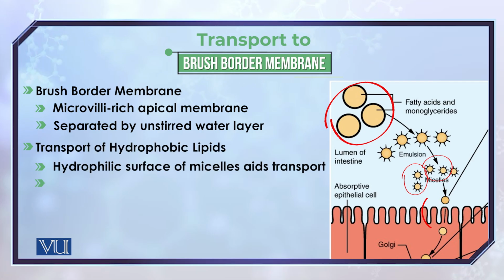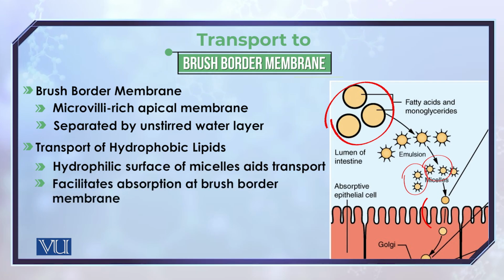So the long chain fatty acids and relatively medium chain fatty acids, the molecules which cannot move freely in the liquid, are transported and absorbed by the formation of micelles.